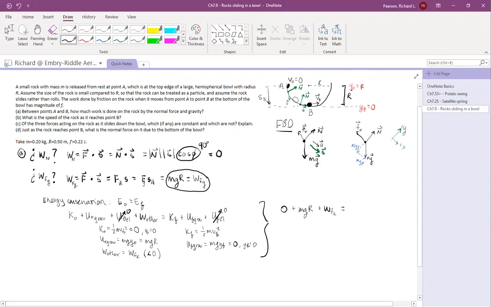And that's all equal to our 1/2 mv final squared, adding that to a potential energy of 0, so that we just have mgr plus work done by friction is equal to 1/2 mv final squared.